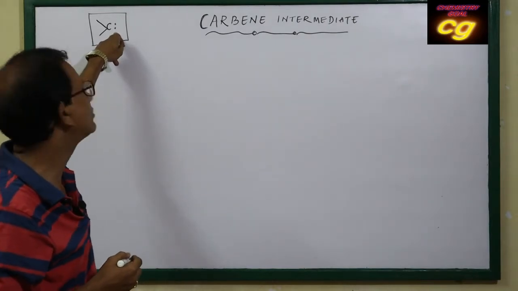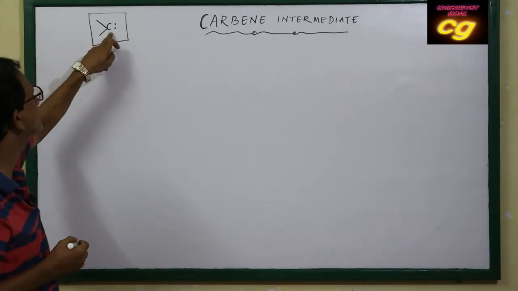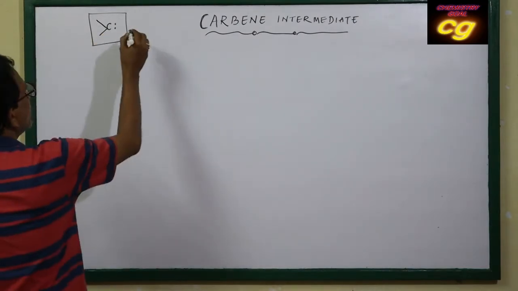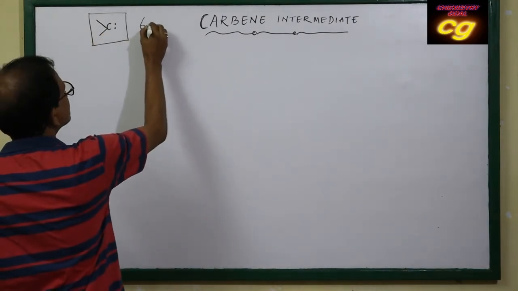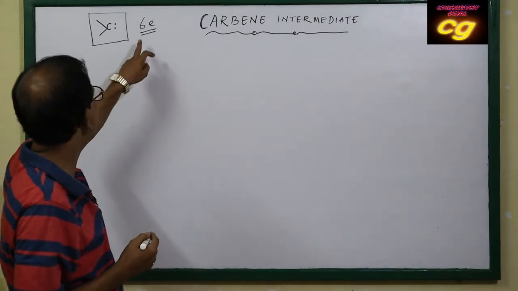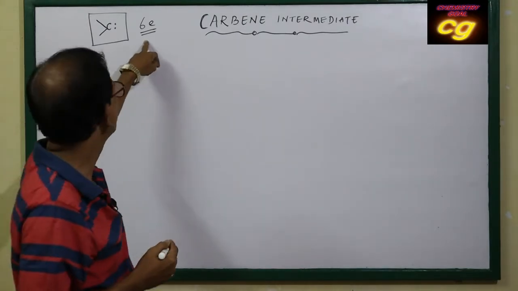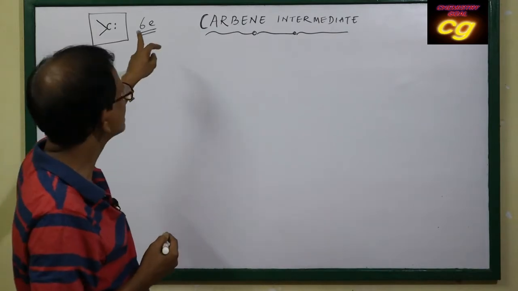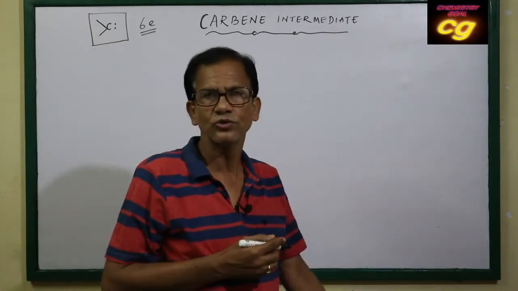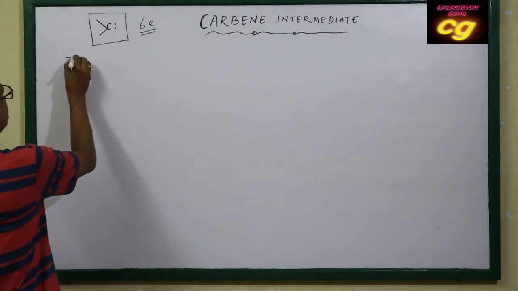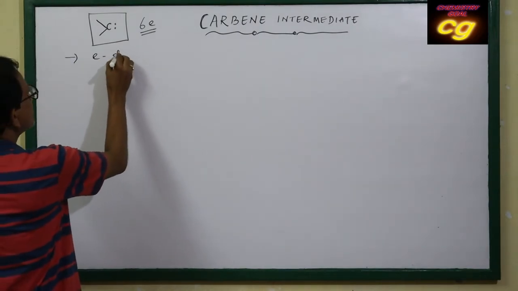If you calculate the total electrons around carbon, 2 electrons plus 4 is 6 electrons. As it has 6 electrons, it satisfies a sextet, but it does not satisfy the octet rule, so carbene is electron deficient.